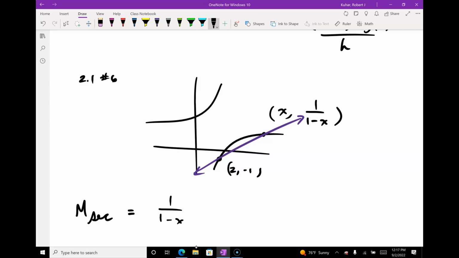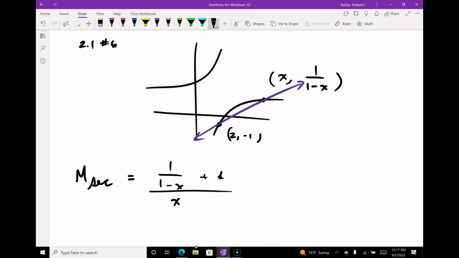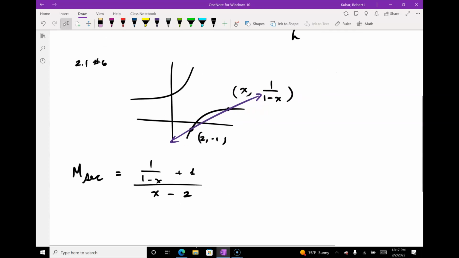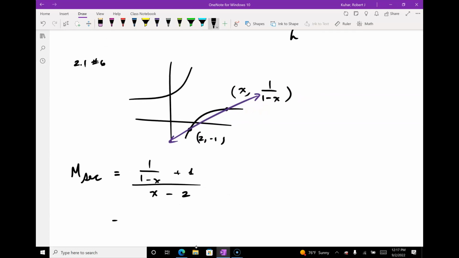y2 minus y1 over x2 minus x1. Can I plug in 2 here? No. I get 0 over 0.